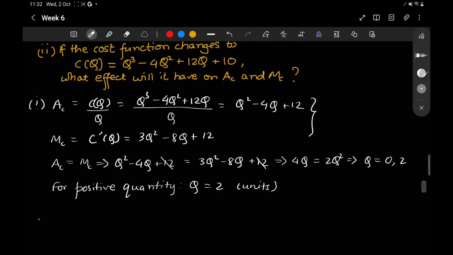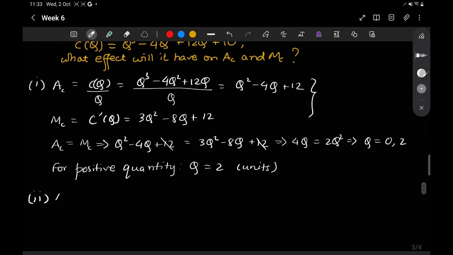Now part 2, the cost function is changed. As a result, the average cost now becomes the following.